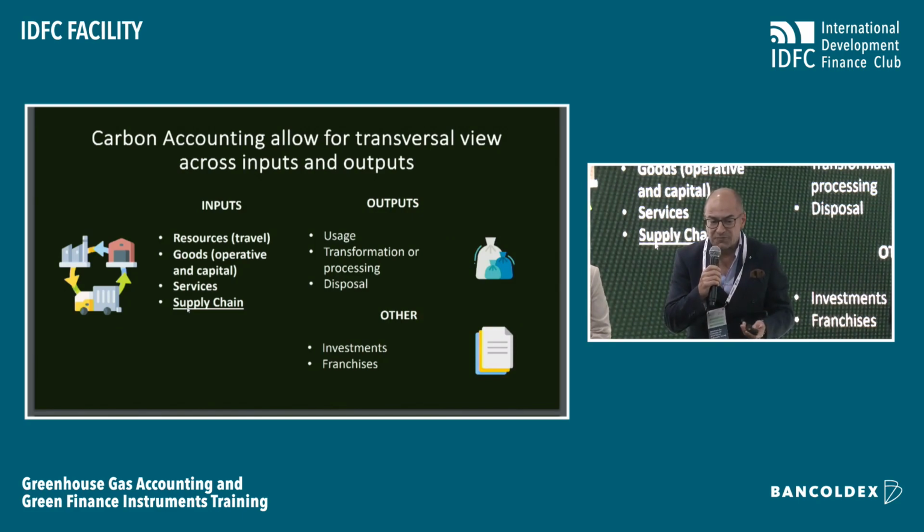This is a very information-intensive exercise. You'll probably have seen that you need to estimate your carbon emissions related to all your inputs and processes in your company and your supply chain. This includes the carbon footprint of all resources, including your travel and your employees' commuting.